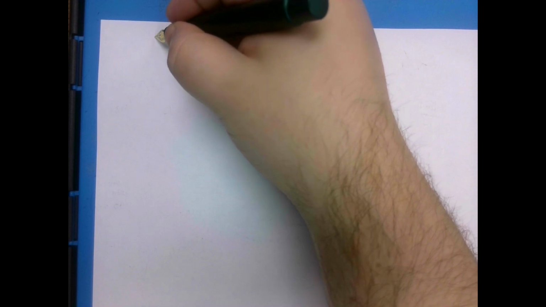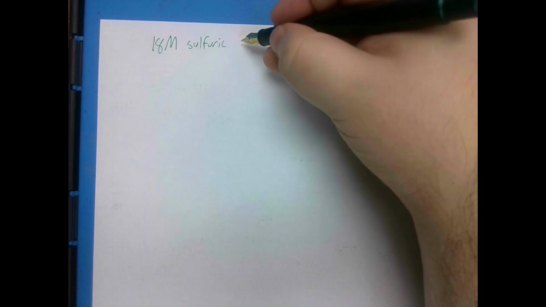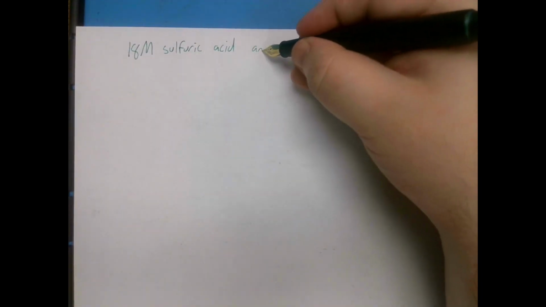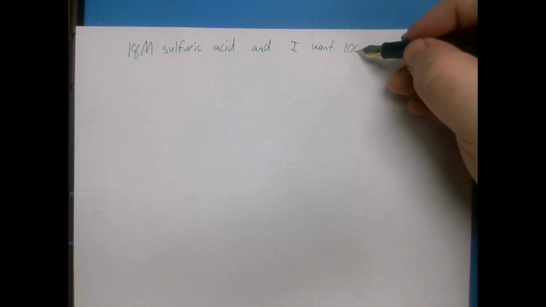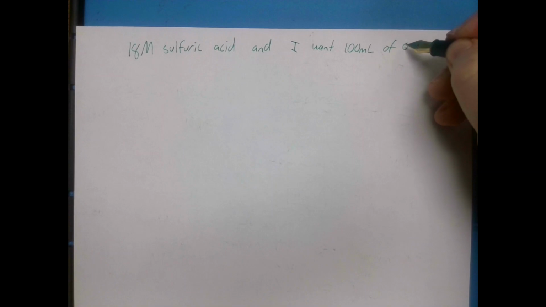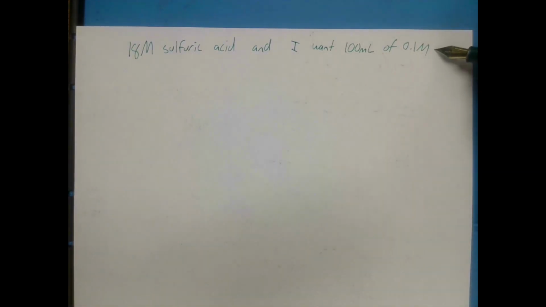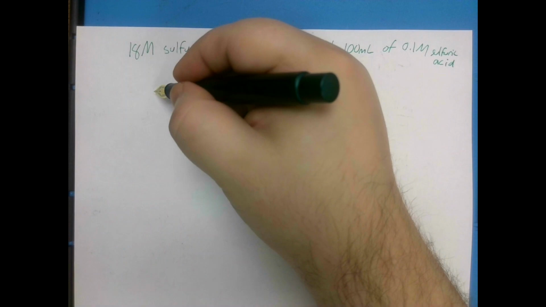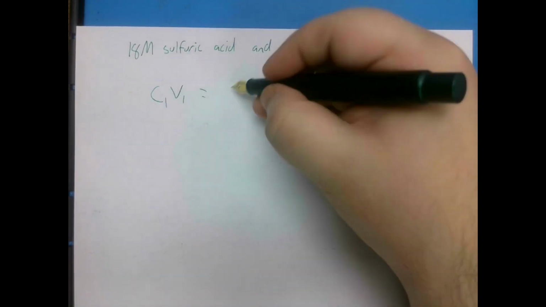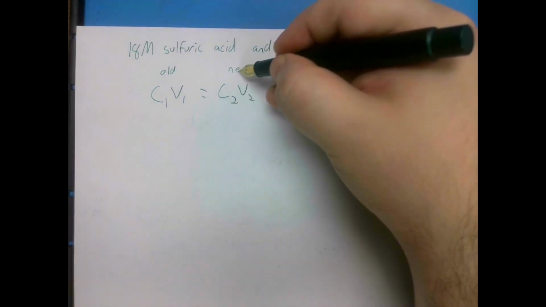So if I have 18 molar sulfuric acid, and I want 100 milliliters of 0.1 molar sulfuric acid, how can I make it? Well, on the left-hand side it's CV, my old numbers versus my new numbers.